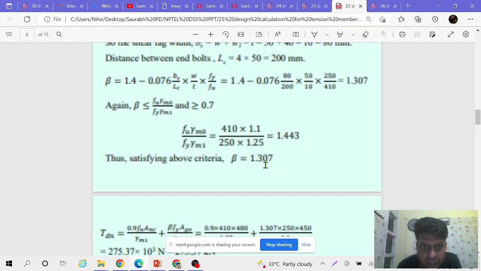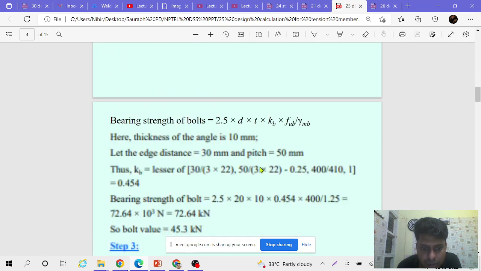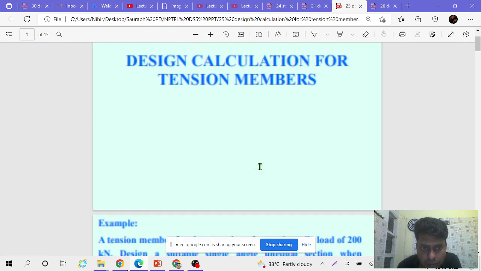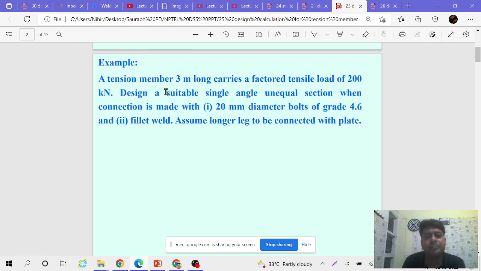So let me read one. A tension member 3 meter long carries a factored tensile load of 200 kilonewton. Design a suitable single angle unequal section when connection is made with 20 mm diameter bolts of grade 4.6 and also fillet weld. So the question is asking you to design a suitable single angle unequal section, and the student has asked about the welded part.